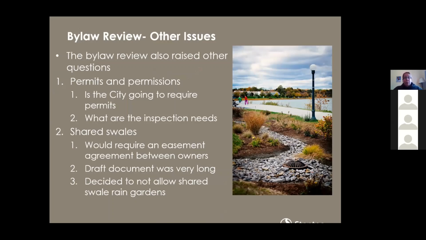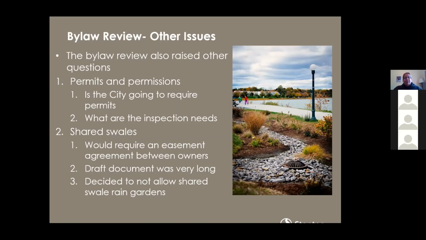There's a swale between both properties that brings water down towards the street or towards the back of the property, depending on which way it drains. To put a rain garden in this shared swale would have required an easement agreement between owners. Now, we did have legal draft up a document that was something along the lines of 20 pages.